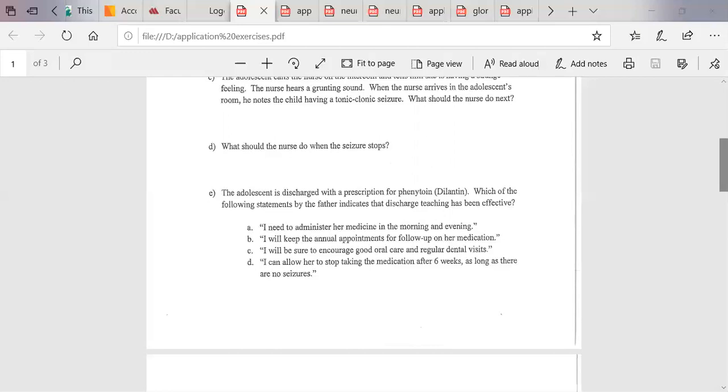The next thing in your packet after febrile seizures is death and dying. And what I just need to say about that is when we are dealing with the pediatric population and they are actively dying or they have died, we definitely need to reduce anxiety experienced by the child and the family.